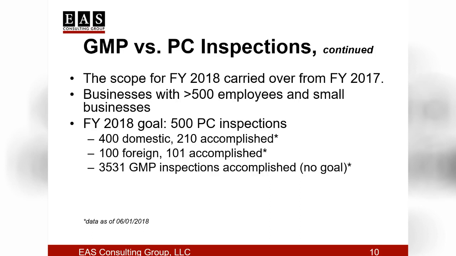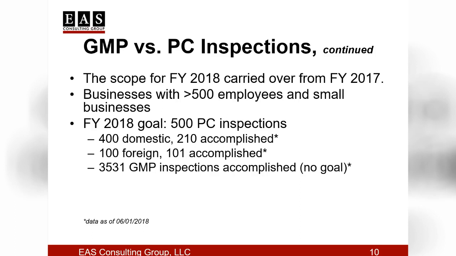They were doing their calculation of inspection time a little bit differently because they had to account for teams going out into the field. So first of all, for FDA, the scope of the work carried over from 2017 to 2018, and that is that they were going to inspect the large companies and now the small ones, which came under compliance in 2017, a year ago. So the goal was 500.